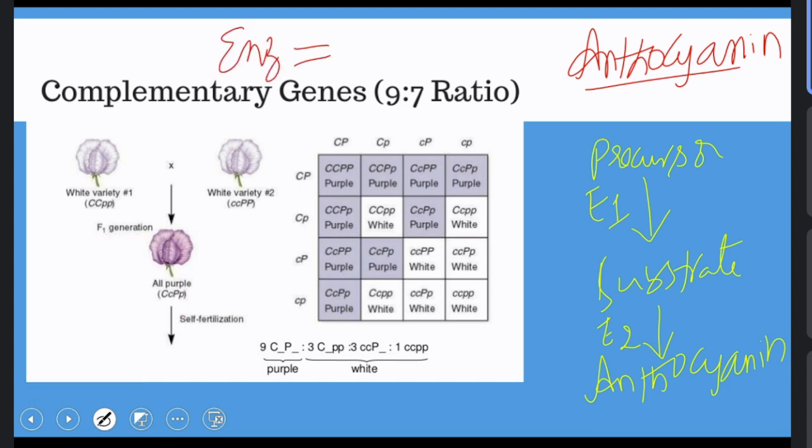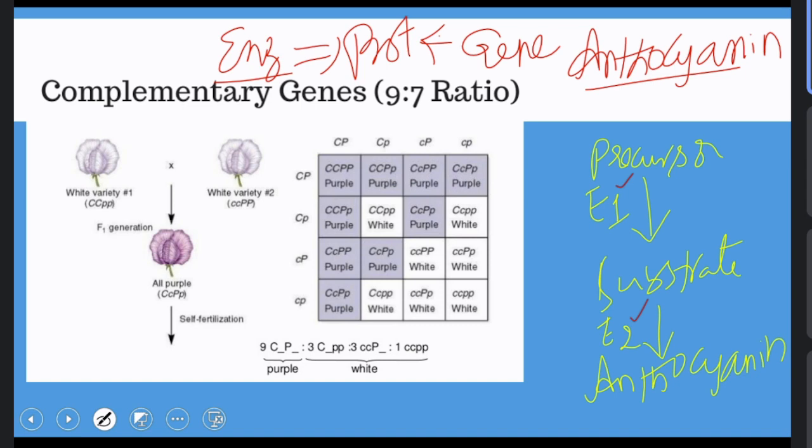Now we know that all enzymes are proteins, but not all proteins are enzymes. Here, these two are enzymes, so they are proteins. We also know that proteins are coded by genes. According to the central dogma of molecular biology, DNA gives rise to mRNA, mRNA gives rise to protein.